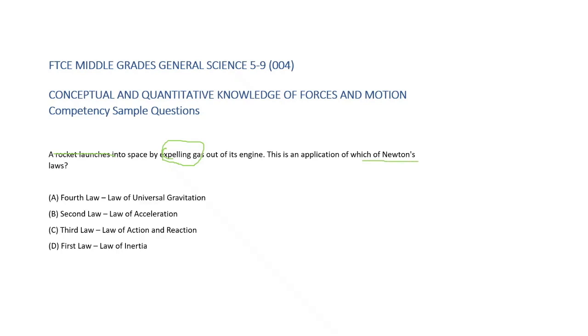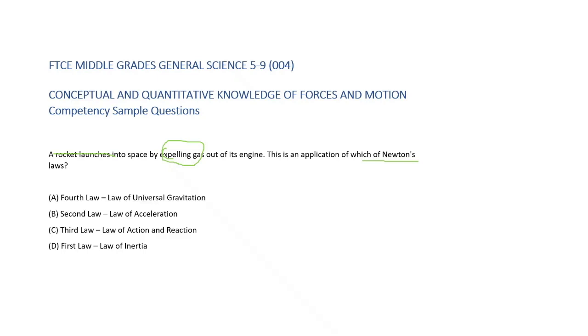A, the fourth law, law of universal gravity. This says that every object in the universe with mass attracts every other object. This has nothing to do with expelling gas by a rocket, so this would not be the correct answer choice. B, second law, law of acceleration, says that the acceleration of an object is directly proportional to the net force acting on it.